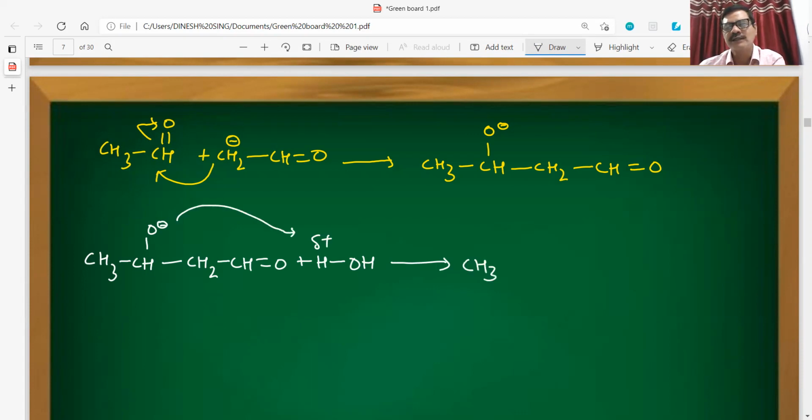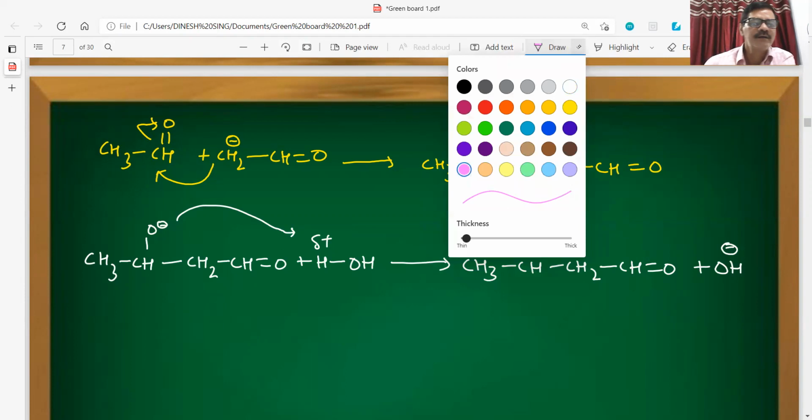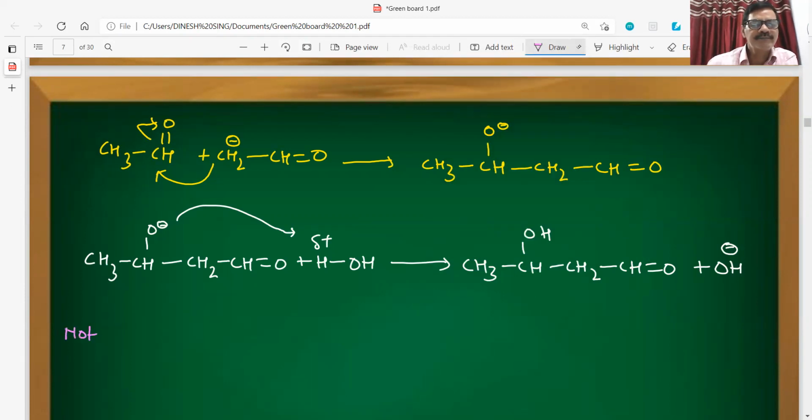So we get CH3CHOHCH2CHO plus OH minus. Now this beta hydroxy aldehyde or ketone is called aldol.